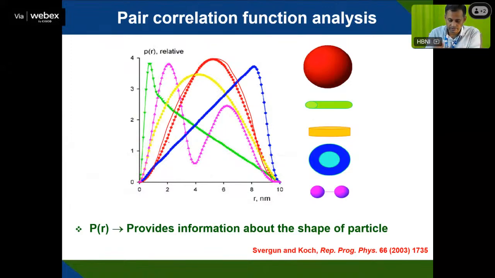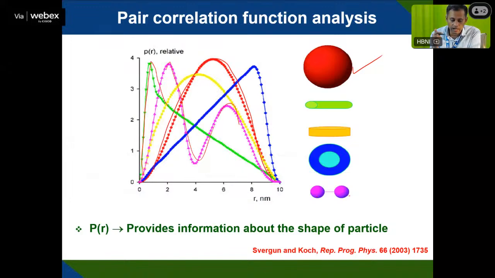If it is highly symmetric, like a cube or equilibrium spherical. For cylindrical, you can see this peak follows a log normal type of curve. For a dumbbell, you can see the pink one, the two peaks you get here, whereas in the core-shell structure you get this type of image.